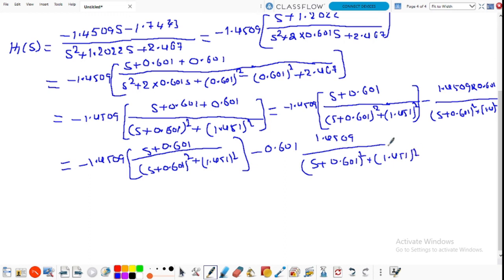So 1.4509 means approximately 1.451. So that is the B value.